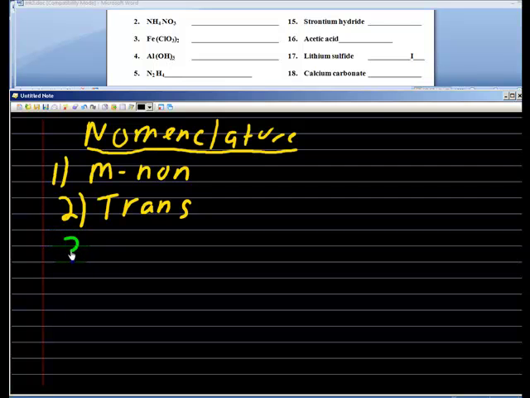There's a third category, and it involves what are called polyatomic ions. Polyatomic means that there are 2 or more atoms bonded to each other. That particular bond or those bonds are very strong bonds called covalent bonds.